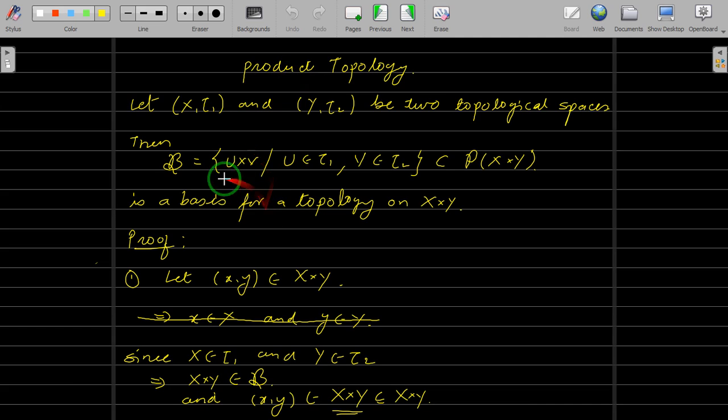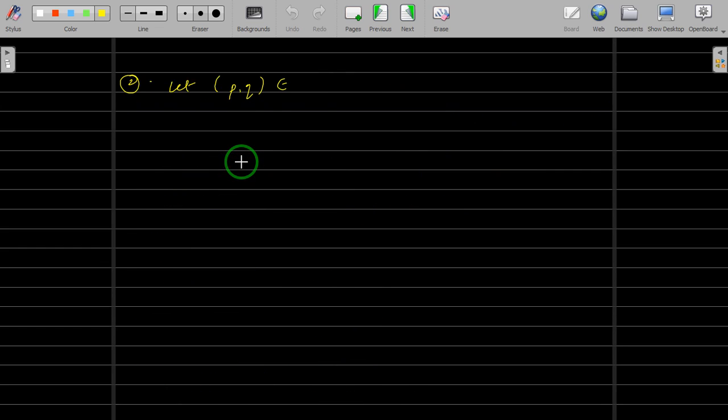Let's take two elements from here, so one element (p, q) belongs to some element here intersection some element here. The elements on this side are nothing but u cross v kind of things. So let's take (p, q) belongs to u1 cross v1, and you take another.